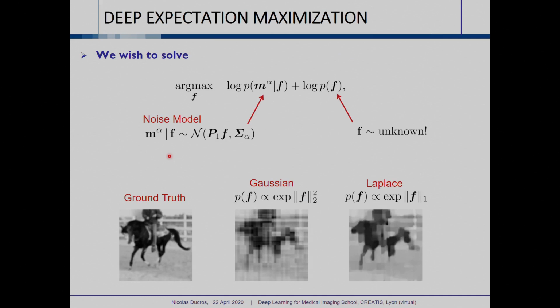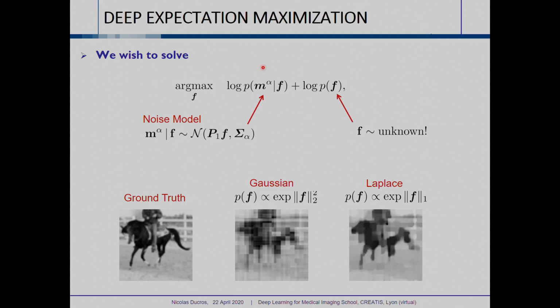To do so, I will start with the expectation maximization algorithm. The expectation maximization algorithm is an iterative algorithm that is commonly used to find the maximum a posteriori estimate of parameters in a statistical model. So here we have the discussed function, where P is the probability density function of M, the measurement given the image.